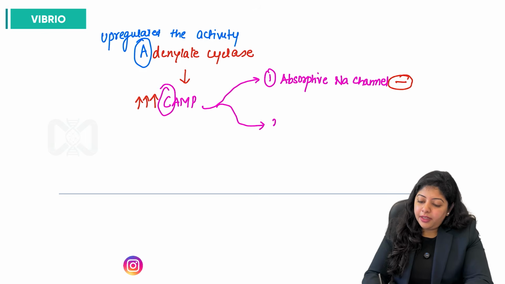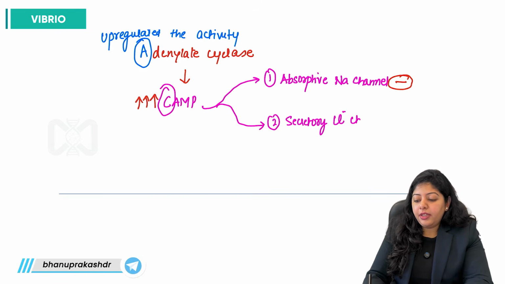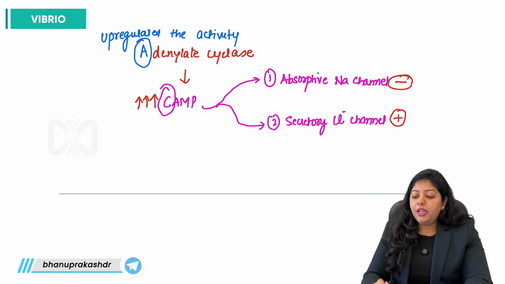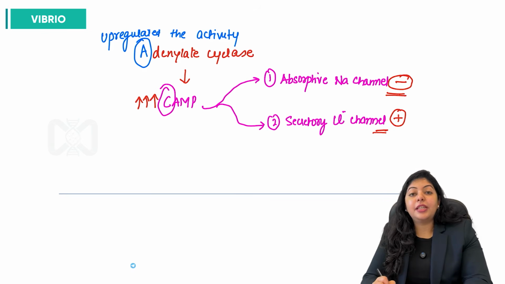And the secretory chloride channel is going to get activated. So the absorptive channel is blocked and the secretory channel is activated.